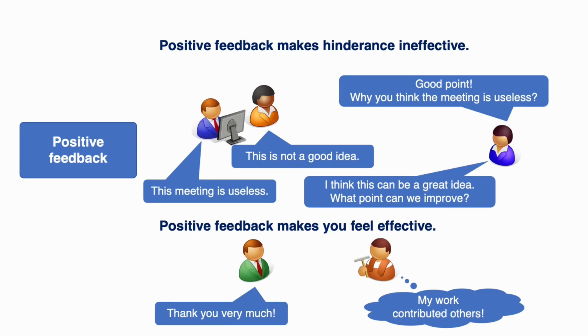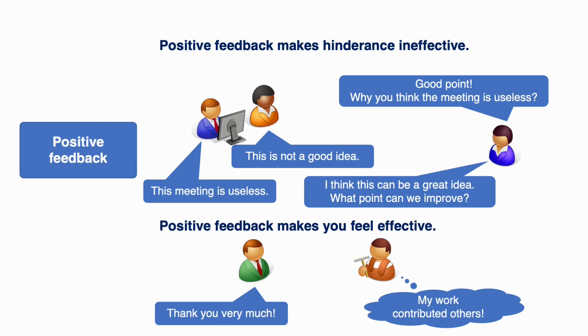Next, positive feedback. As you see, negative feedback like this meeting is useless and too long, or this idea is not good. These kinds of feedback deteriorate creativity and the efficacy of the team. On the other hand, positive feedback is like a smoothing oil that makes communication smooth.